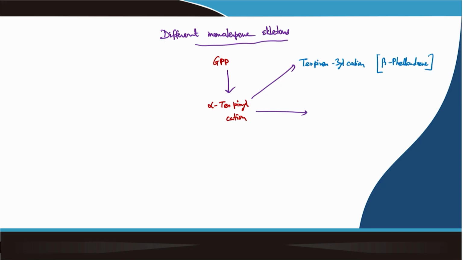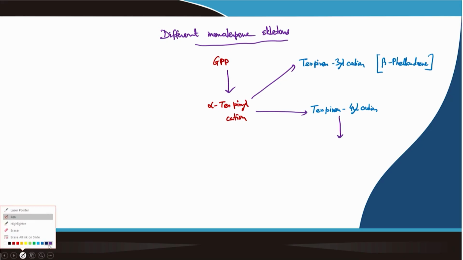The other example is terpinen-4-yl cation, and this leads to the formation of thujane skeleton. Okay, the structure of thujane skeleton is like this.